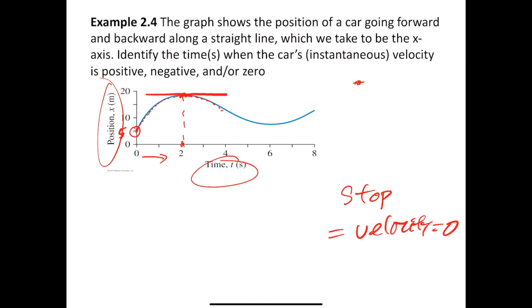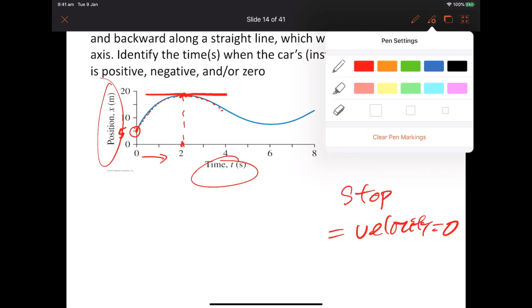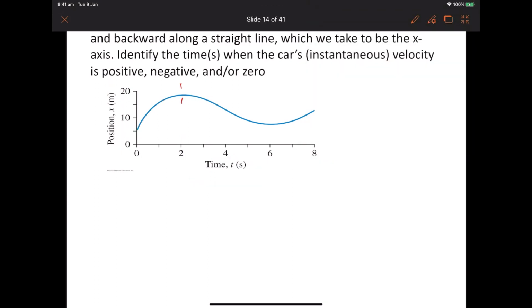Now, if I ask you to identify the time where the car's instantaneous velocity is positive, negative, and 0, let's do it. Usually the way is to find the 0 first. So this is 0, this is 0. Can you see it? So it means at 2 and 6 velocity equals 0.